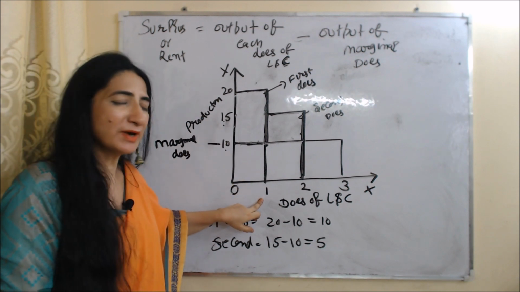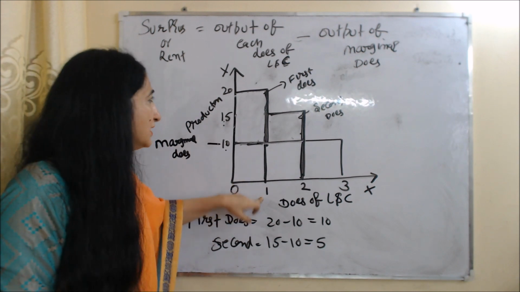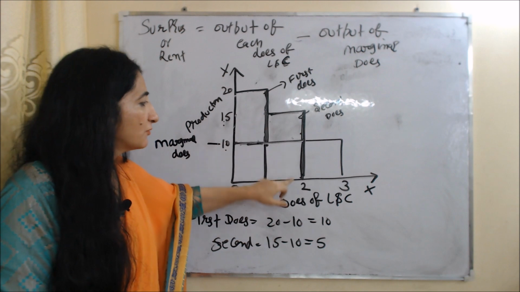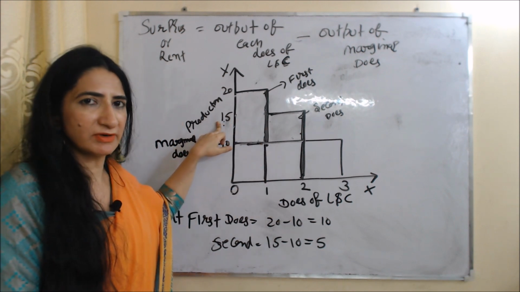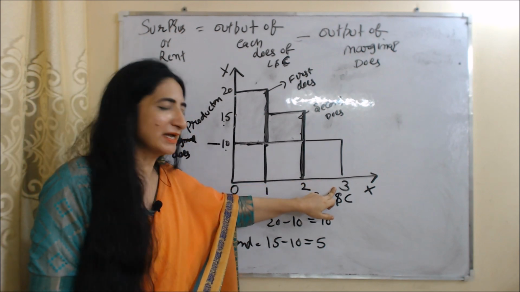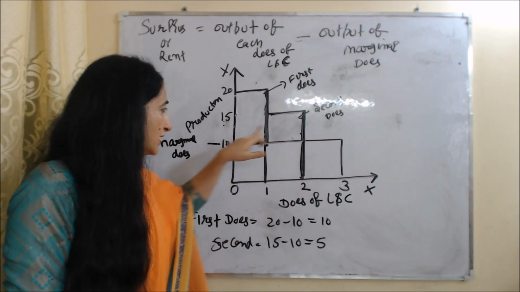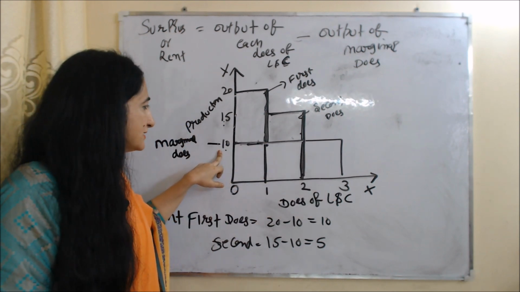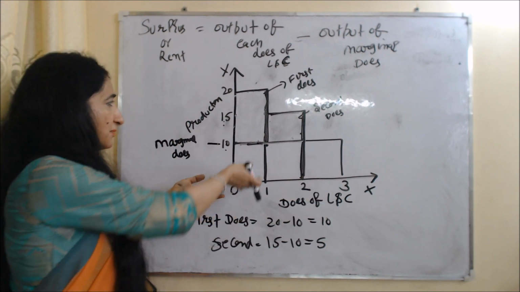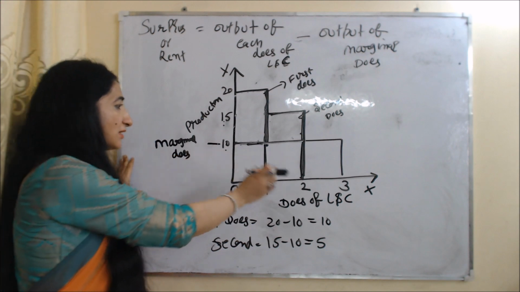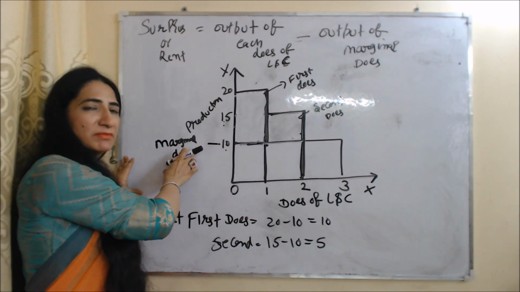When we apply the first dose of labor and capital, we get output equal to 20. The second dose gives output equal to 15. The third dose gives output equal to 10. You can see the third dose is giving very little output compared to other doses. That's why the third dose is called our marginal dose.